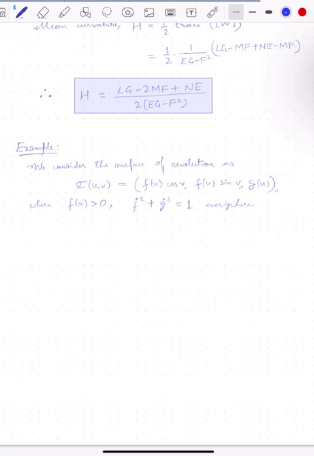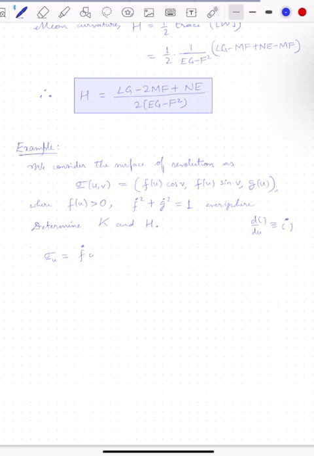Okay, so now let's move on to solving this. Our goal is to determine K and H. Now sigma u is equal to f dot, where dot indicates d by du, right?